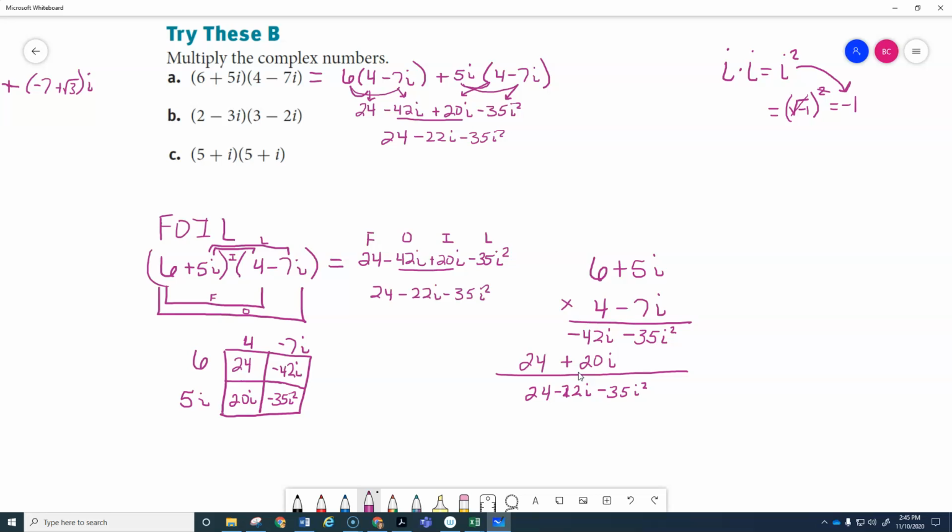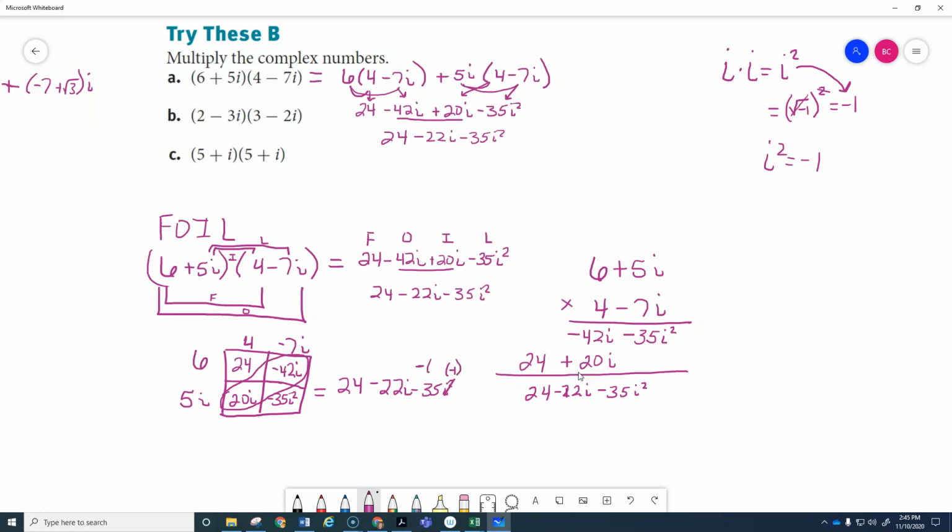It is not simplified. These are not simplified because of this fact right here, because I squared is equal to -1. I'm going to go back now and show you how to simplify this. But all of these did simplify down to 24 -22i -35i squared. So what's going to happen now is every one of these I squareds is going to turn into a -1.